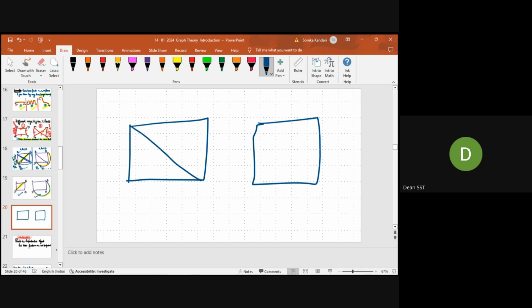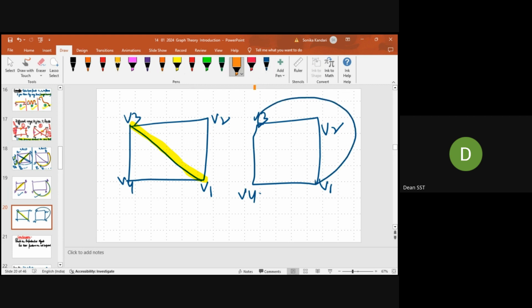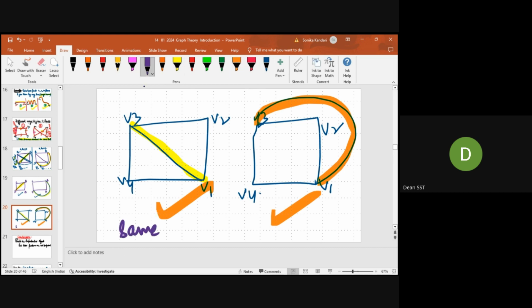Or suppose we are having a graph like this. V1, V2, V3, V4. V1, V2, V3, V4. Fine. This is V1, V3. But we can draw it like this also. So this becomes V1, V3. Both are same. Fine. Is it clear? And both are having the same number of vertices and edges.